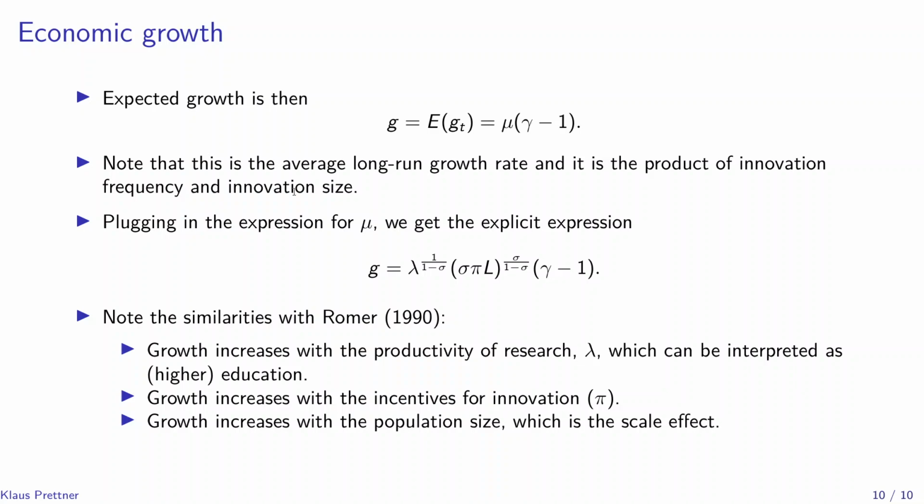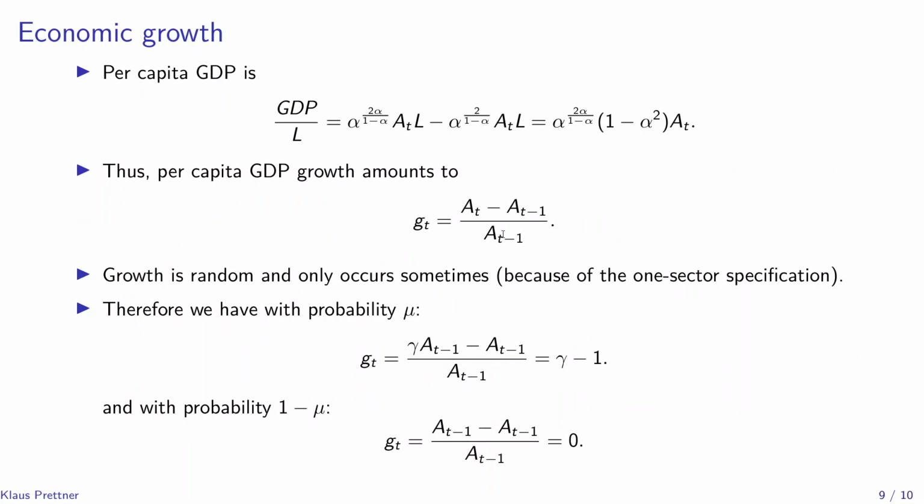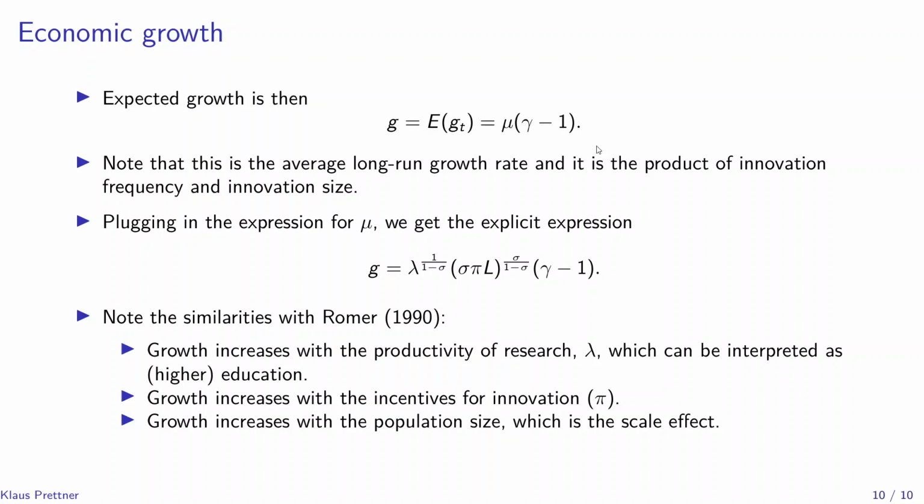And then we can compute expected growth over time, G, which is the expected growth rate, E of g_t, and that would be the probability of a successful innovation, mu, times the growth rate if the innovation is successful, which is gamma minus 1. So we have the expected growth rate of the economy, mu times gamma minus 1.